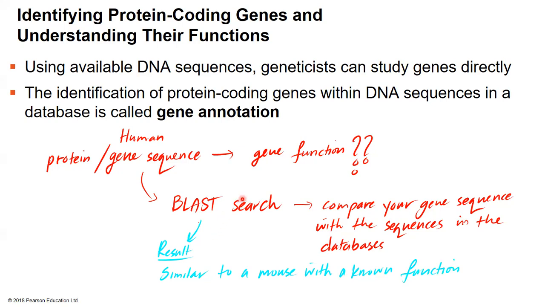So, for example, let's say that you have 99% similarity between your human gene sequence and a mouse gene sequence. But the mouse gene sequence encodes a protein with a known function, which means your human gene might have the same function.